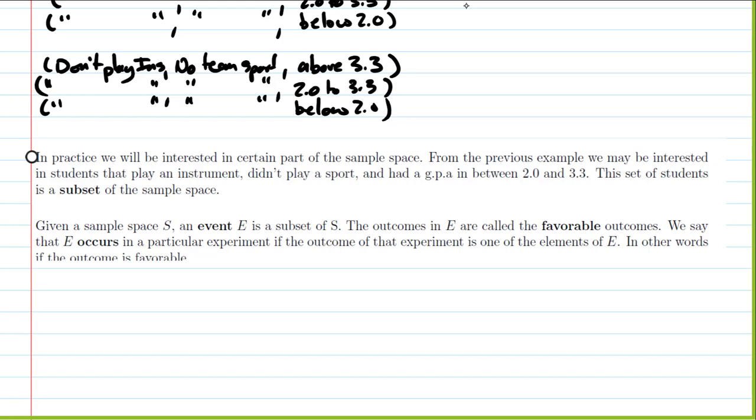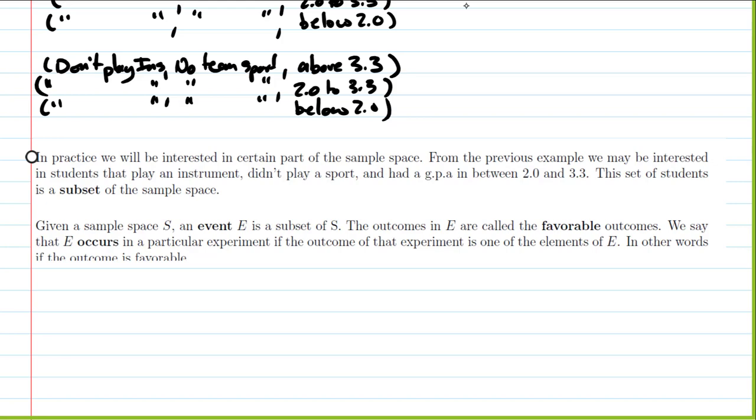So from the previous example, we may be interested in students that play an instrument that didn't play a sport and had a GPA in the range 2.0 to 3.3, right? This set of students is a subset of the sample space.